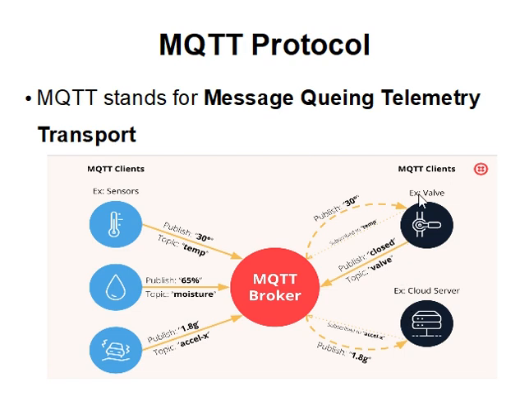So the three main constituents of this particular MQTT protocol are the broker, the topic, and the publish and subscribe mechanism. Okay, so that's how the MQTT protocol works.